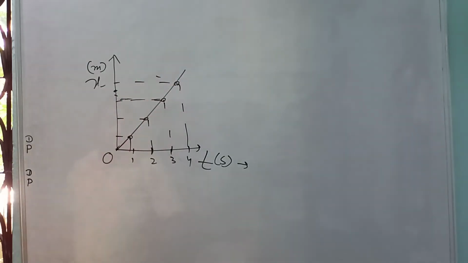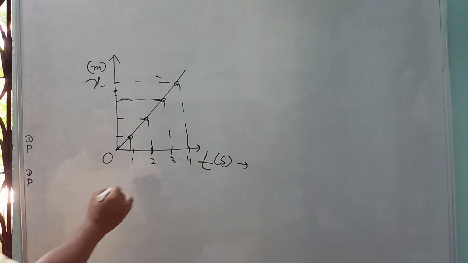With time x is changing, and that gives you what? The body or object is moving with uniform speed, because the body covers equal distance in equal intervals of time.